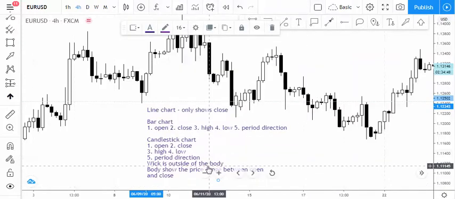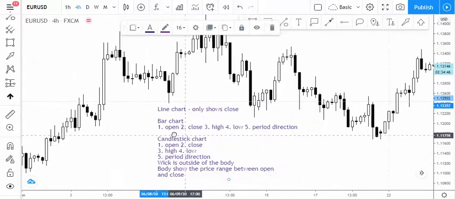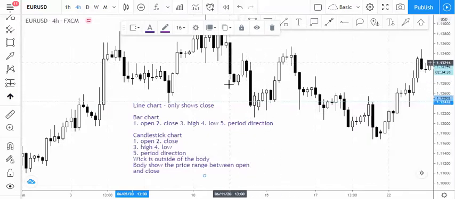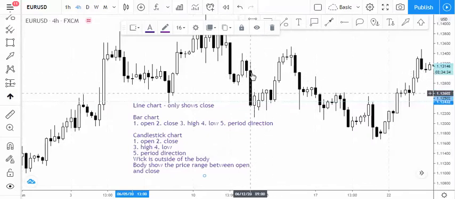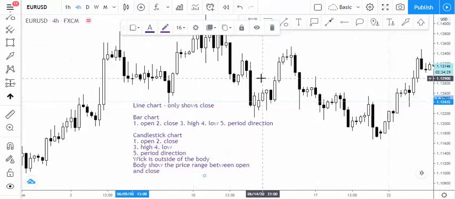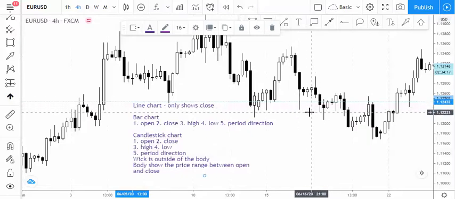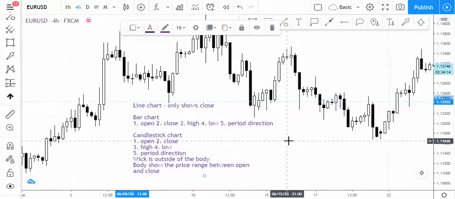So again, I could quickly look at the body and see, okay, open was there, close was there, top of the body, bottom of the body, the filled in rectangle area, that's the body. That gives me the area between the open and the close. And then the lines on the other side of the body show price traded into that area, as high and as low as it went.